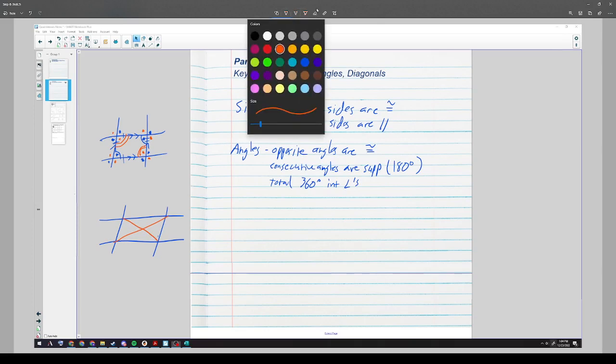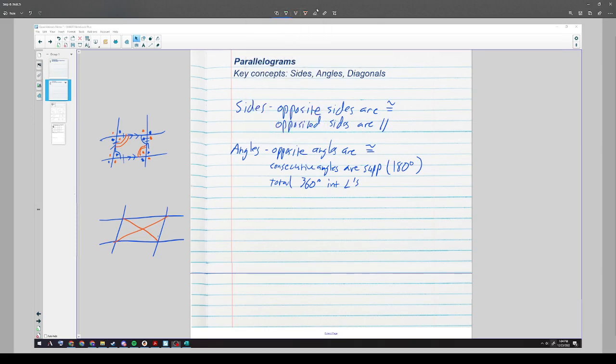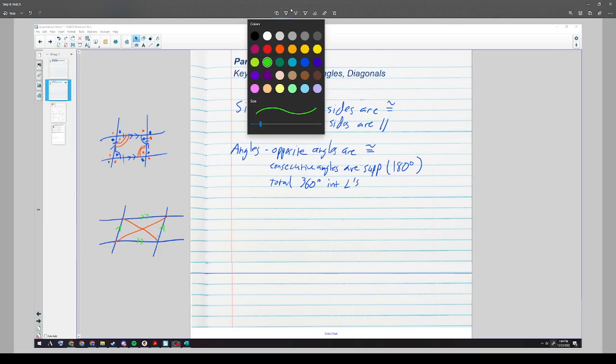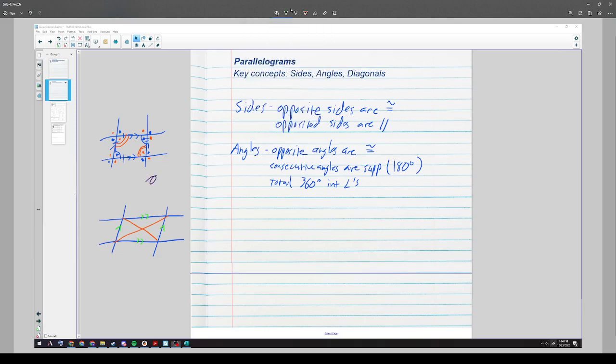Now, what I want to look at is, think about this is parallel to this, and this is parallel to that. This green is terrible. Let's use purple. That's better. Okay, so we have these parallel relationships. So thinking about our double parallel lines, I have this angle and this angle are congruent because those are alternate interior angles.